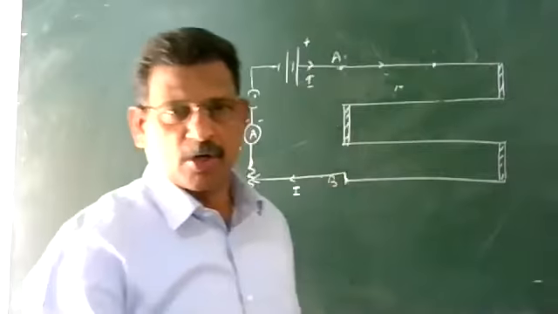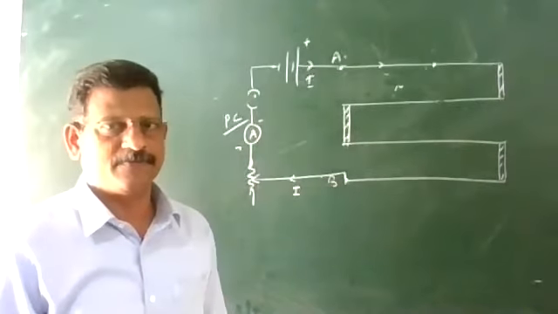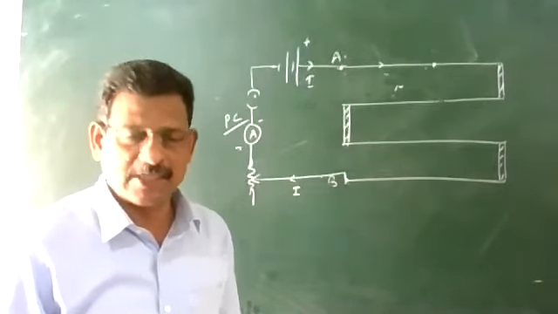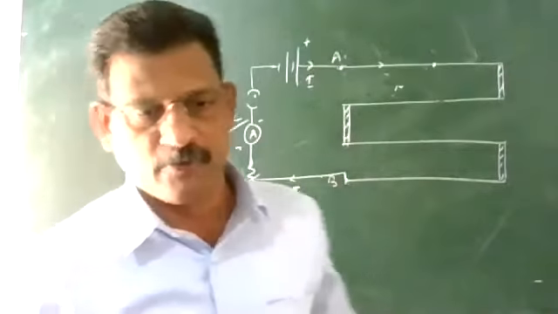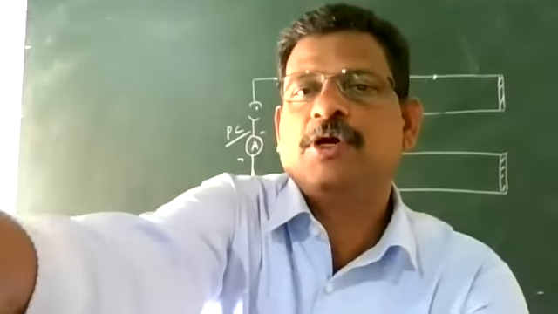In all the diagrams, the potentiometer circuit will be constant and there will be no change. You have to compare the EMFs of two cells, for example a Leclanche cell of 1.45 volt EMF and a Daniell cell of 1.1 volt EMF.